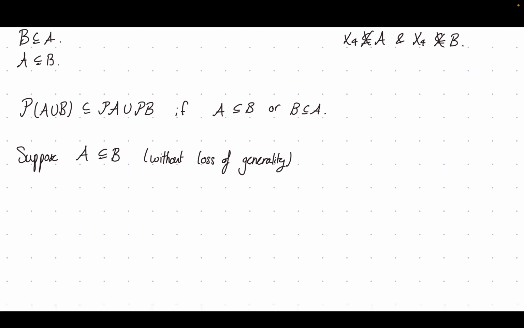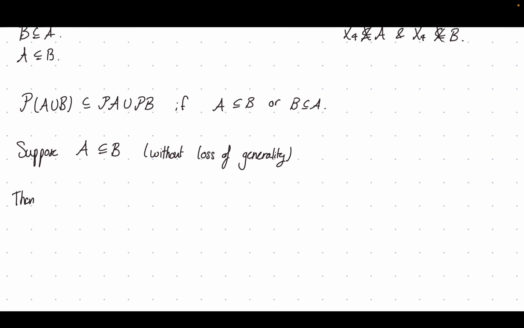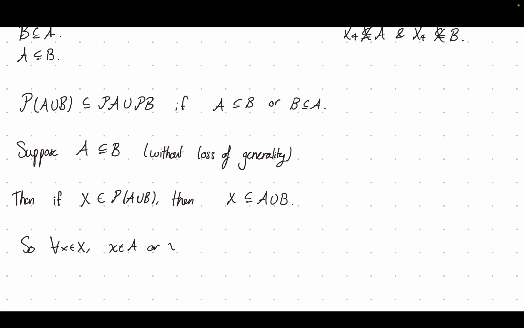So then if X is in the power set of A union B, then X is a subset of A union B. So for all little x in big X, x is in A or x is in B.